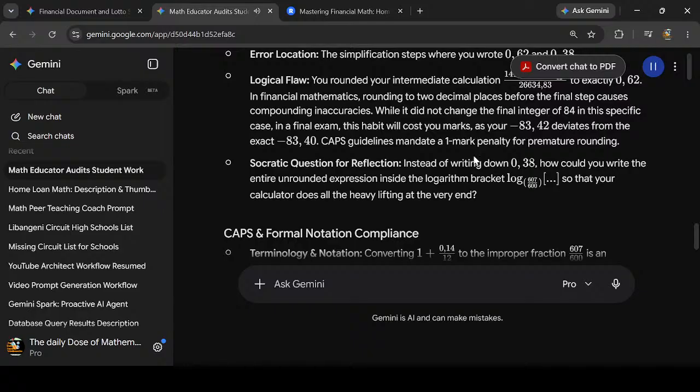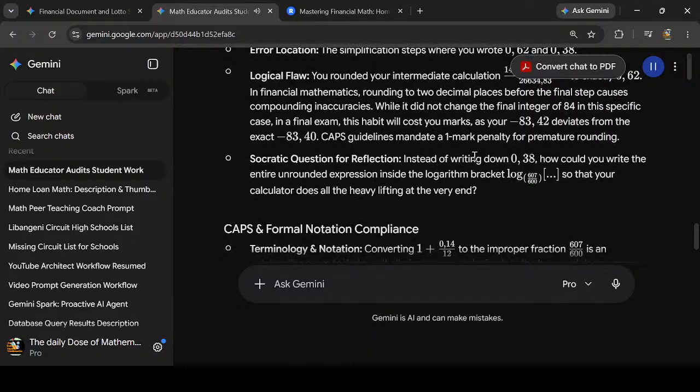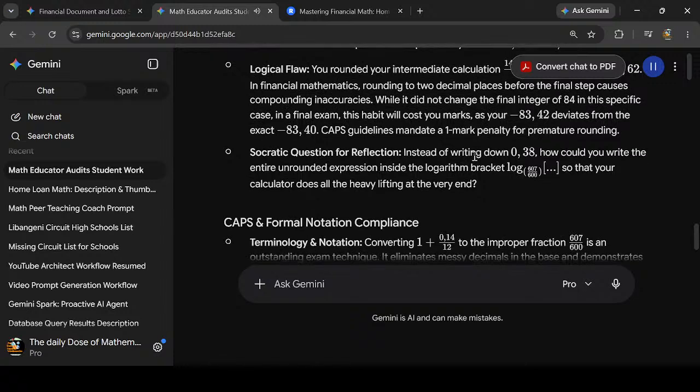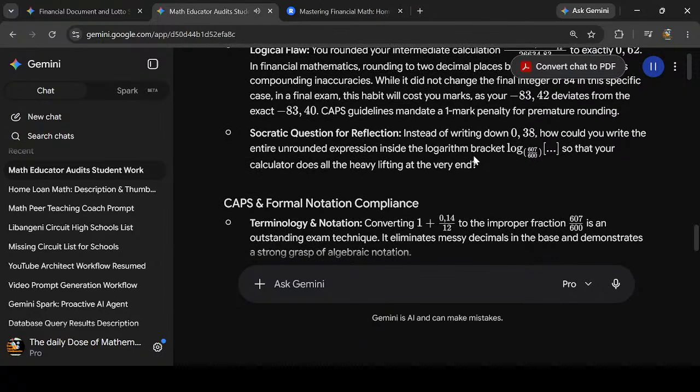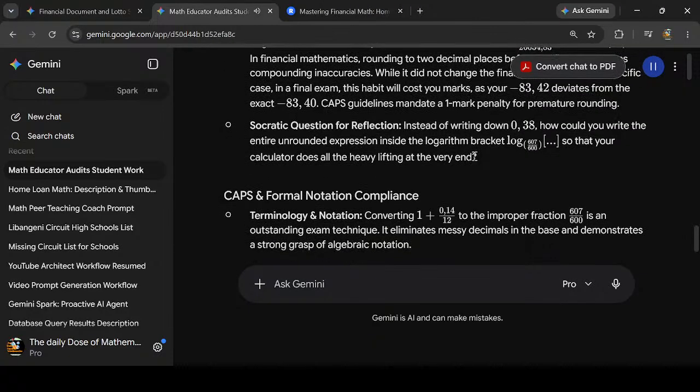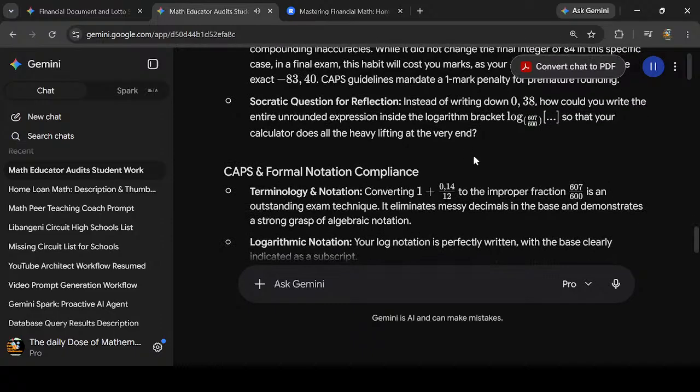While it did not change the final integer of 84 in this specific case, in a final exam this habit will cost you marks, as you incur a penalty for premature rounding. Socratic question for reflection: instead of writing down 0.38, how could you write the entire unrounded expression inside the logarithm bracket, log base 607/600, so that your calculator does all the heavy lifting at the very end?